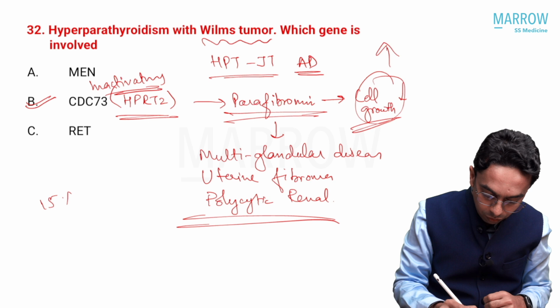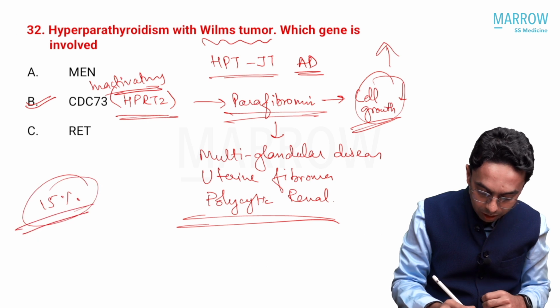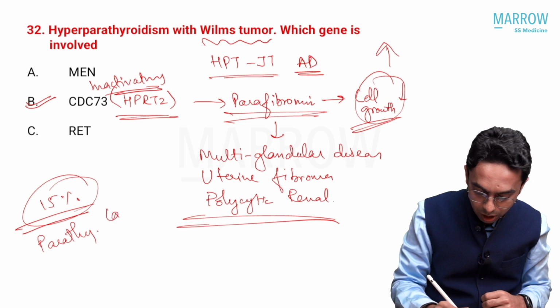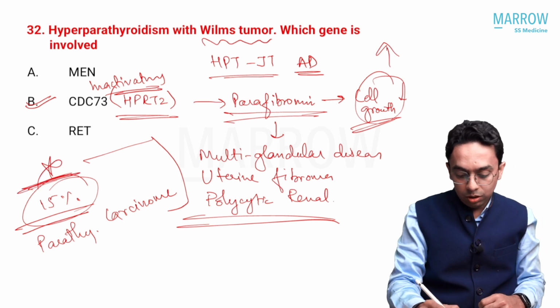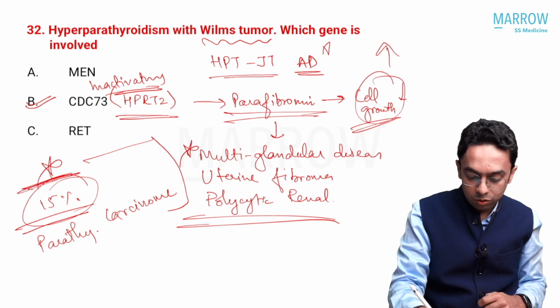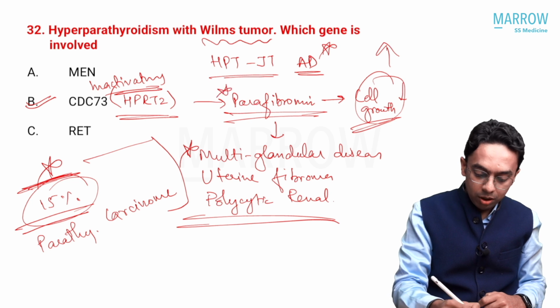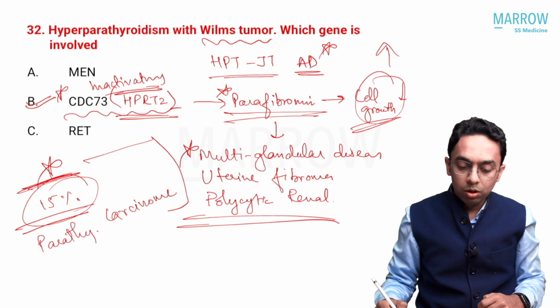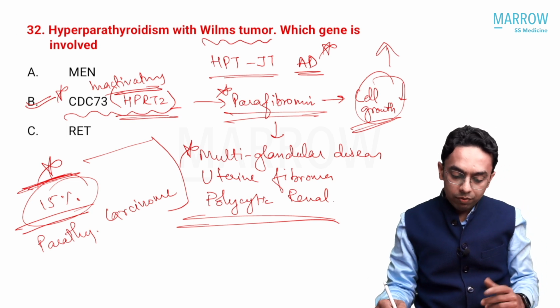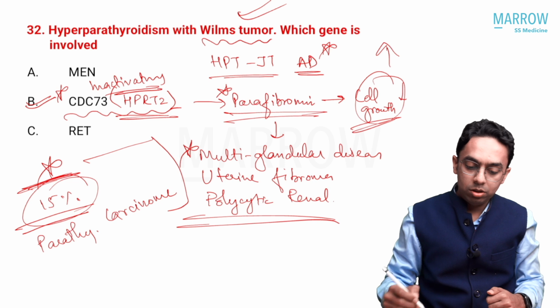So 15% of these patients will have parathyroid carcinoma. This was asked directly in one question in the exam. And multiglandular disease is asked, autosomal dominant, parafibromin, CDC73, HRPT2. All these have been asked previously, and Wilms tumor is also asked. Okay.